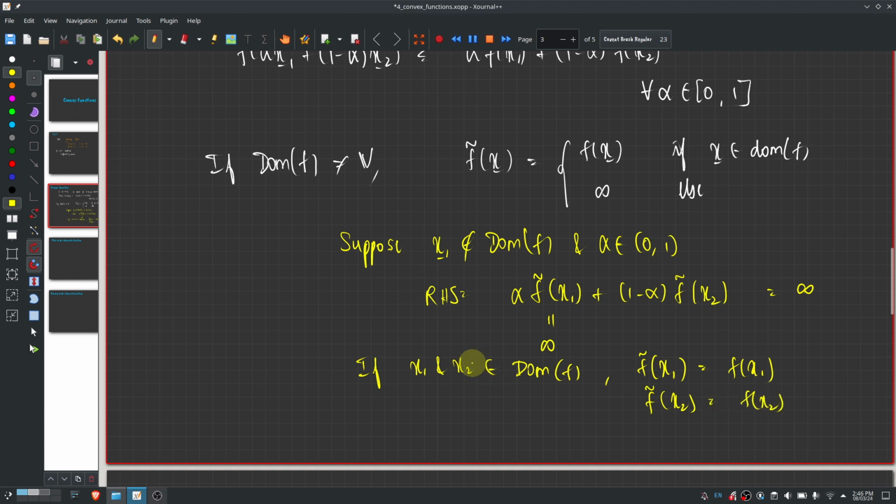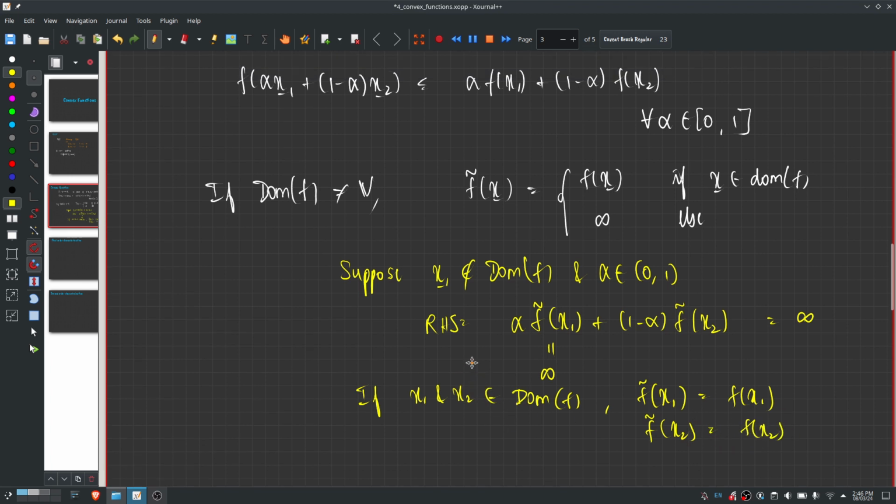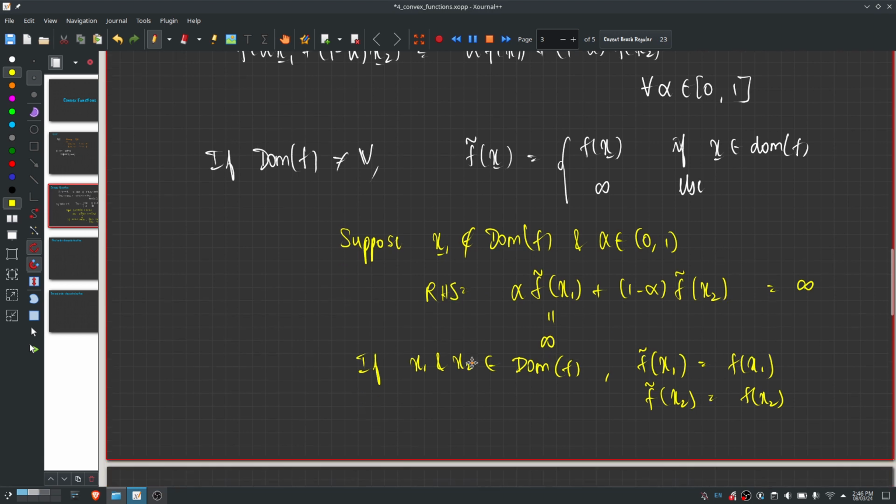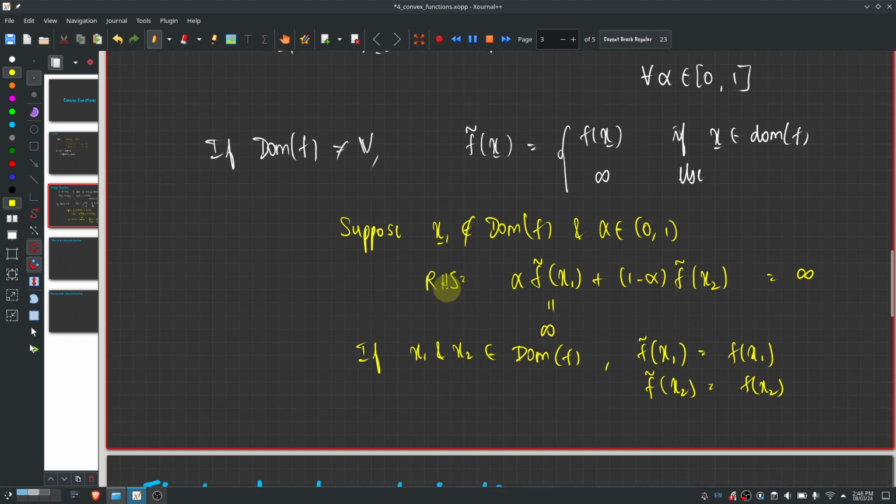But now what happens to the left hand side? If x1 and x2 are both in the domain of f, can you always guarantee that alpha x1 plus 1 minus alpha x2 will be in the domain of f? Correct. So all of this will hold only if the domain of f is convex. So if the domain of f is convex, then f tilde will also be convex.